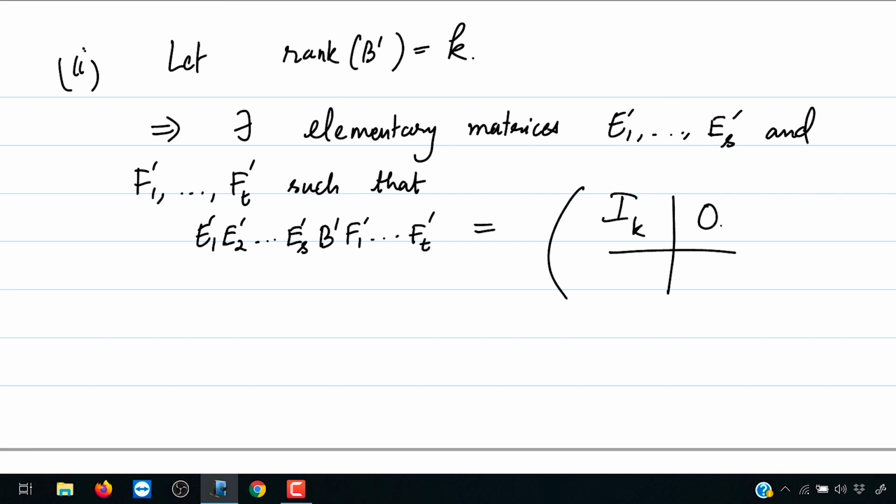So this is k cross n minus k, m cross n it is. This will be a 0 of size m minus k cross k, and this is going to be m minus k cross n minus k.